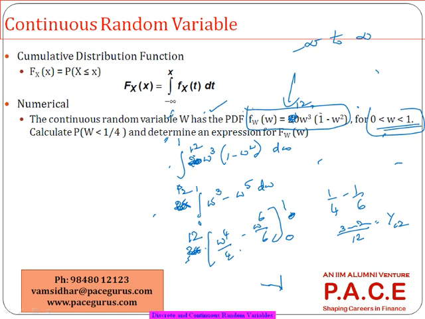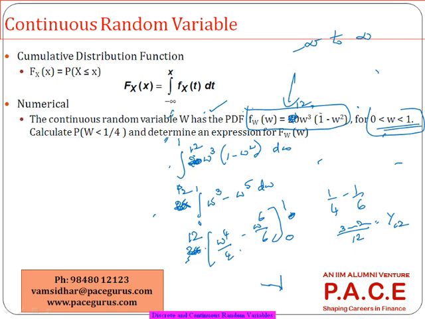Because I am talking about the range of 0 to 1, I am integrating between 0 and 1. This expression w cube into 1 minus w squared, with 12 instead of 20, integrates to 1. That is the check for whether it is a probability distribution function or not.